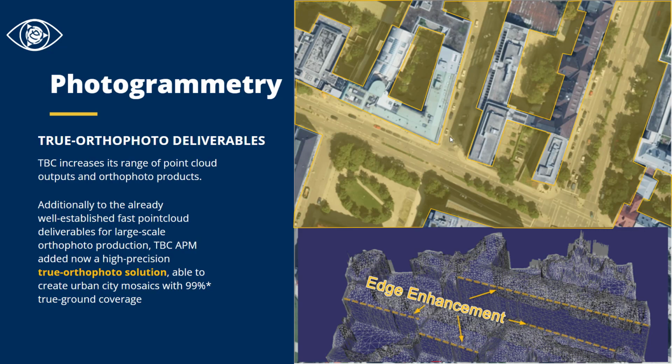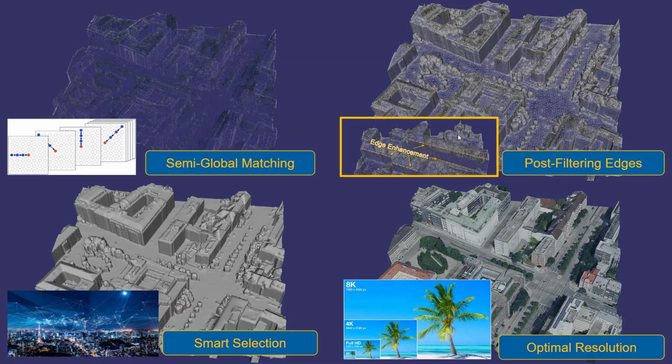So poles, trees, anything that is close to a building, where the building is not leaning into it anymore, can easily be accessed. Additionally, the semi-global matching technology is trying to select the models in a smart way so that we can get this very accurate model that is then used for the true orthophoto generation.